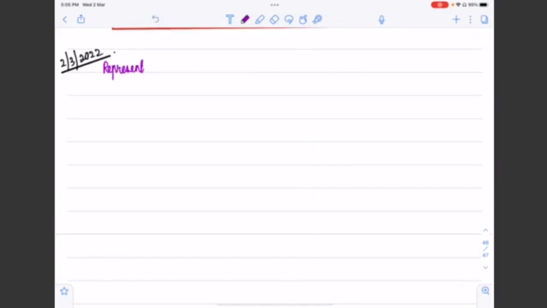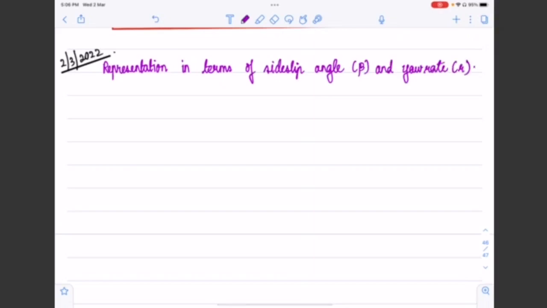So what we are going to do is rewrite the same model in terms of side slip angle beta and the yaw rate R. These are the two parameters that we will be looking at.